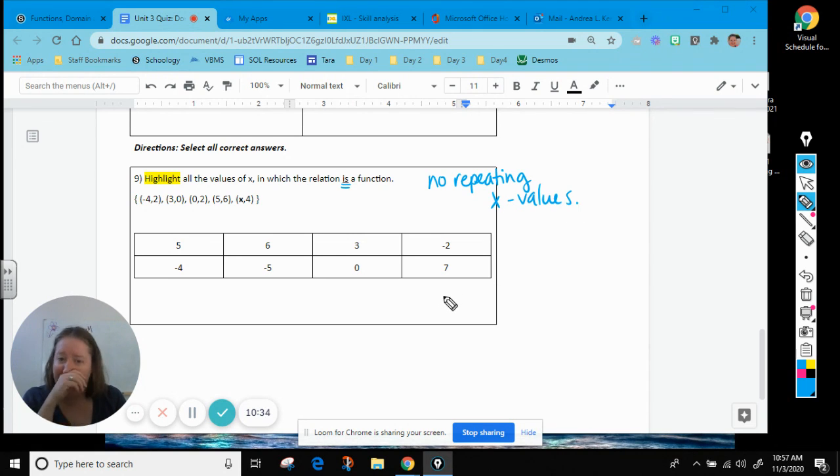You see -4 here, so if I put a -4 there, that would be a repeater. So -4 doesn't work. 3 doesn't work. 0 doesn't work. 5 doesn't work. So it could be any of these. Those were the ones that you would highlight. That's the end.